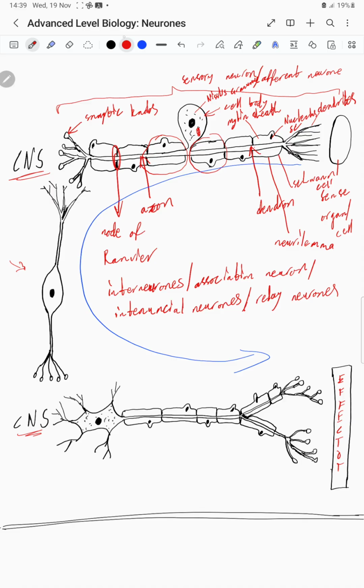As we have said, the fibers which conduct impulse to the cell body are called dendrons.